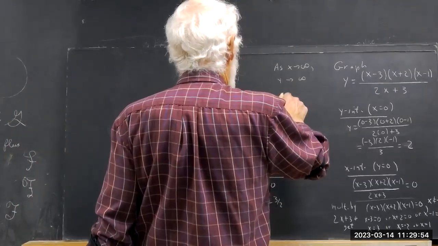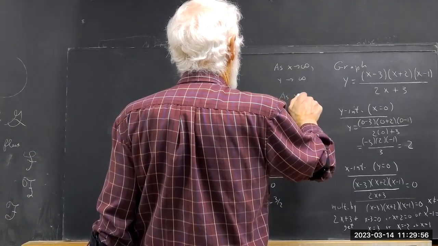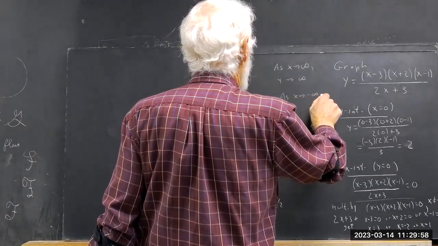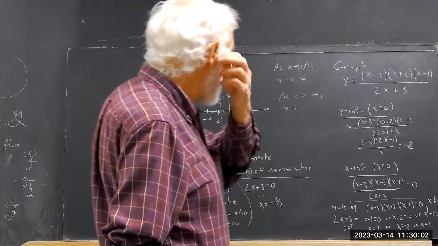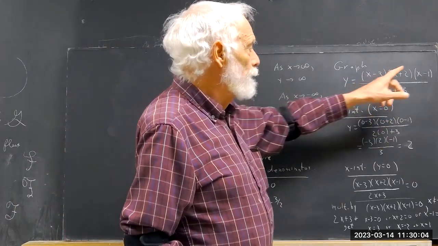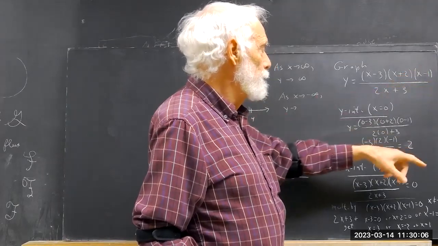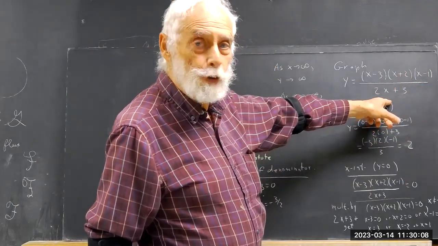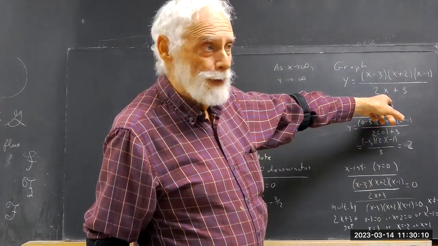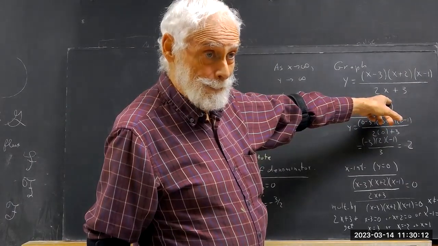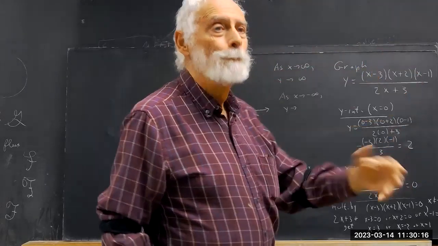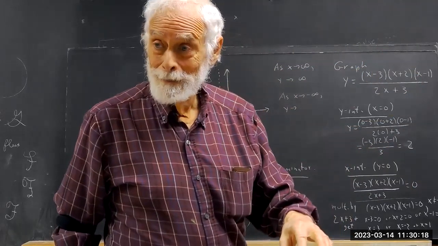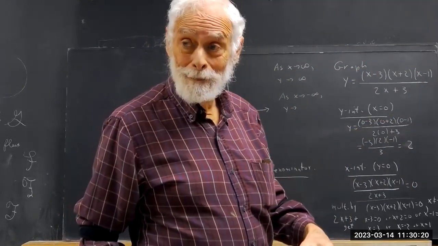And then, well, if x goes to negative infinity, it's like you got a negative million, negative million, negative million over negative 2 million. Is that going to be positive or negative? Well, you've got 4 negatives multiplied and divided.